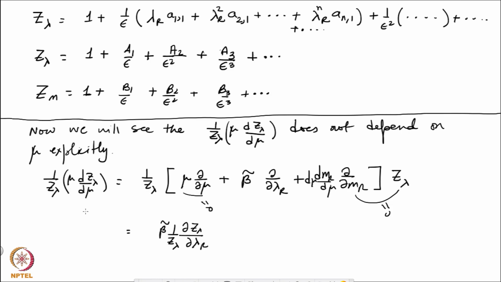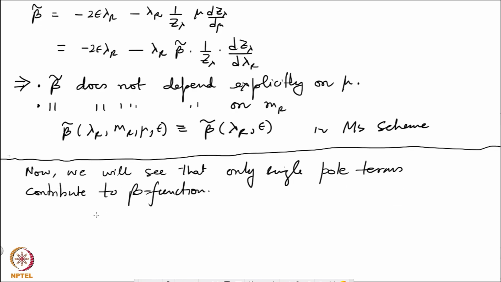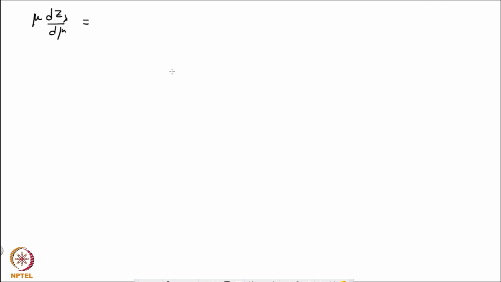I'm just dropping out 1 over lambda from both the sides. Actually I can replace it by a total derivative, it does not matter because there is no other variable in z lambda, it's just lambda r. So let me in fact do that.